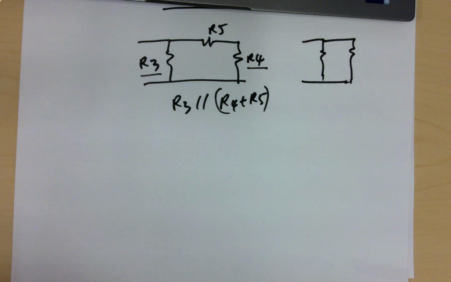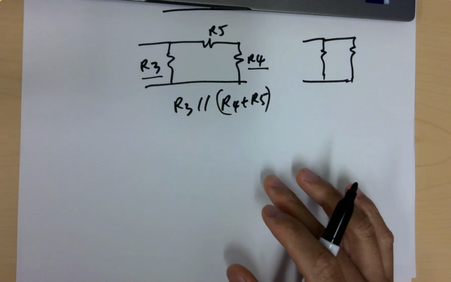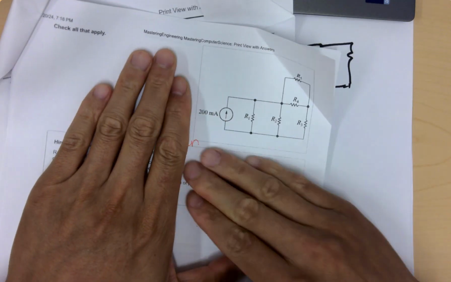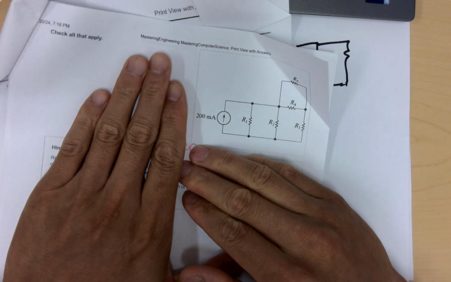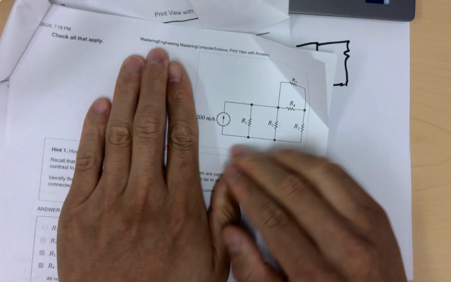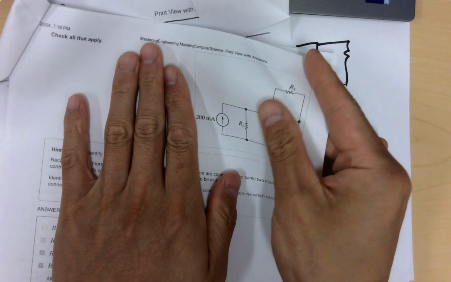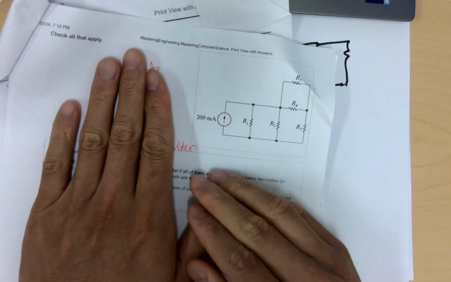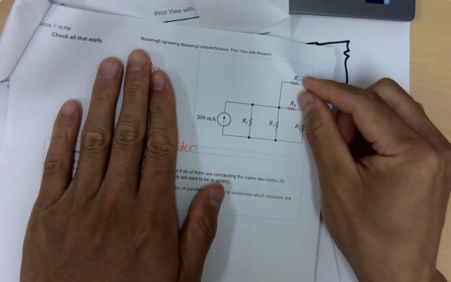There's another one. If something looks like this, asking you to calculate the current flowing through every branch, what you want to do is combine all these resistors.